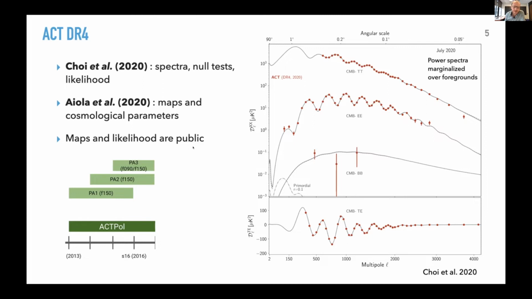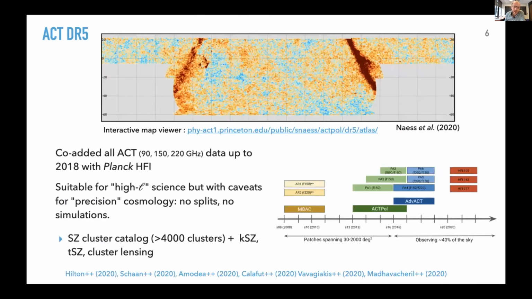So roughly at the same time, we also released ACT-DR5, which is slightly different. It's this data release comprised essentially of one map, which is a co-added map of all of our data up to 2018, together with 3 channels of Planck HFI. The rationale of this is that even though some of this ACT data was relatively preliminary, ACT is really good at measuring these high L data.